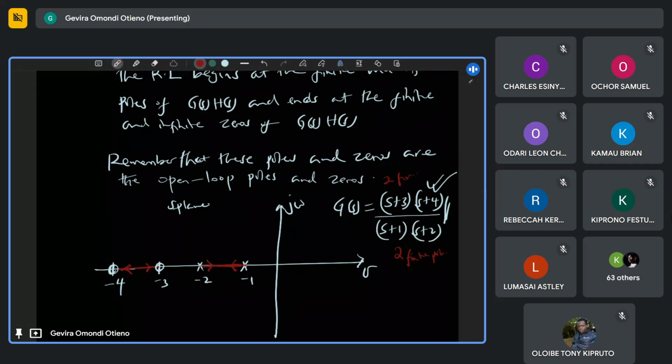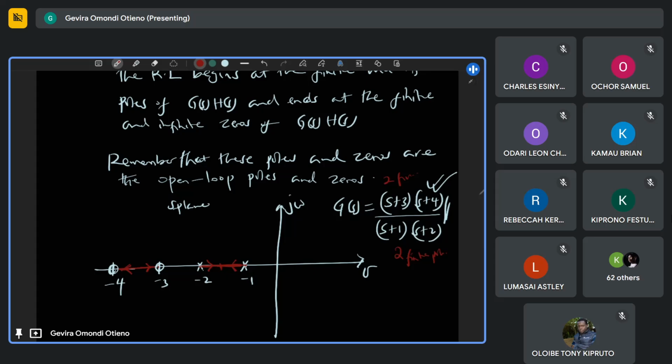And remember, the root locus is the plot or the trajectory of the poles as gain increases from 0 to infinity. So what happens in this case? It means that the poles between -1 and -2 will start their journey to terminate at a zero. They will meet somewhere in the middle. We don't know where; we'll calculate that point later.